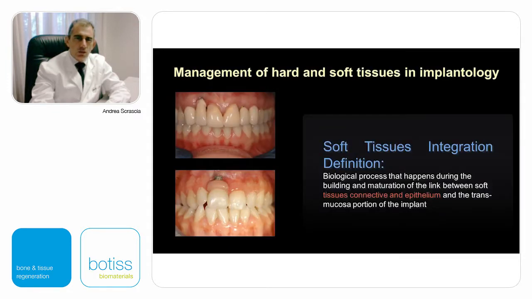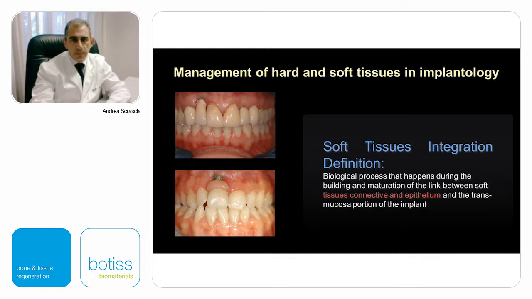So, regarding the definition of soft tissue integration, we have to remember that it is a biological process that happens during the building and maturation of the link between soft tissues, connective and epithelium, and the transmucosal portion of the implant.